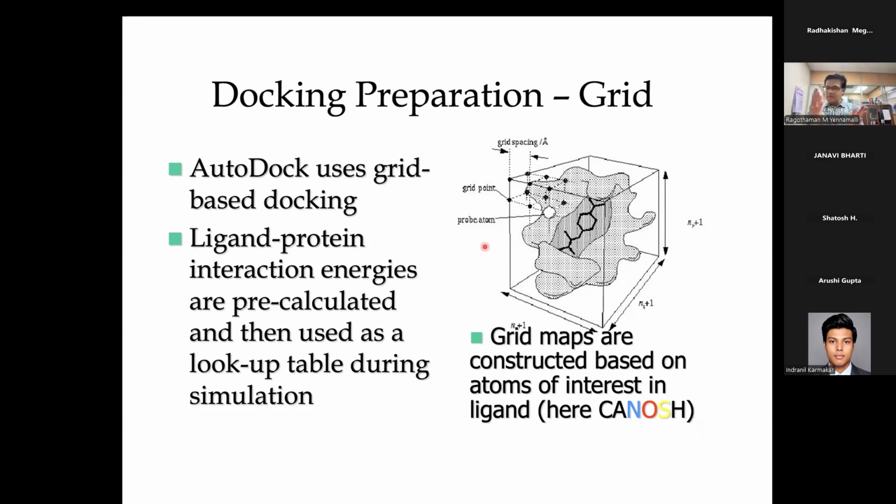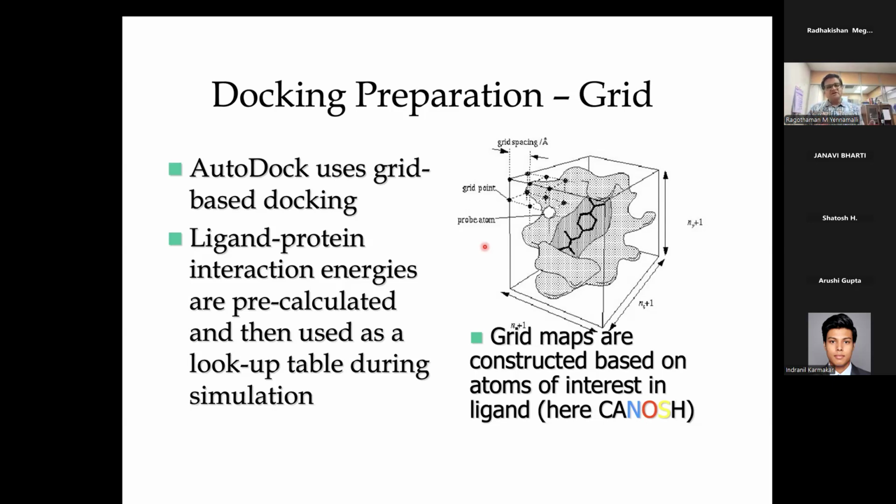It has a specific number of points in the x, y, and z coordinates, and each length of the grid has multiple grid points, separated in an ordered manner by a specific distance. Whatever you define within that grid is what is going to be considered for docking.